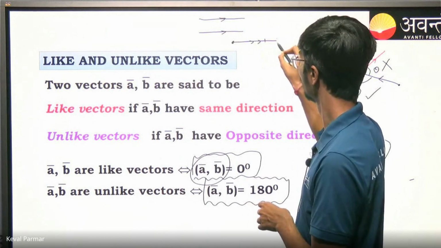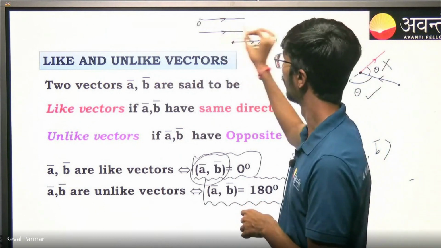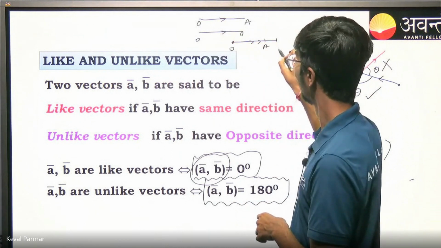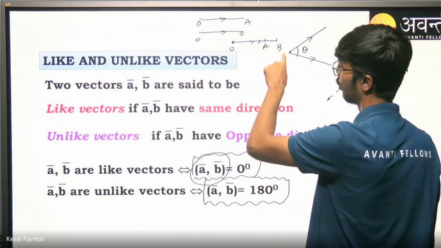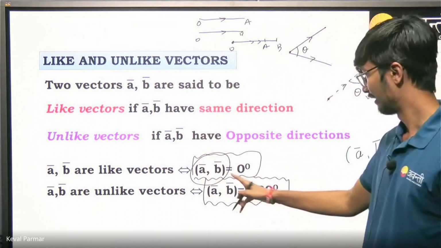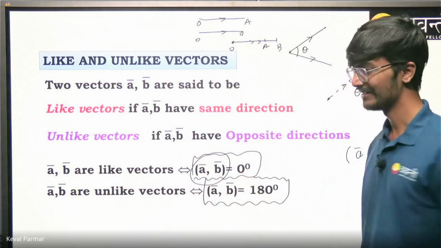This is one terminal point, this is the second terminal point. Suppose this is OA and this is OB. As you can see, these are co-initial with O and not co-terminal. And what is the angle between them? It is 0 degree. That means like vectors have angle 0 degree.